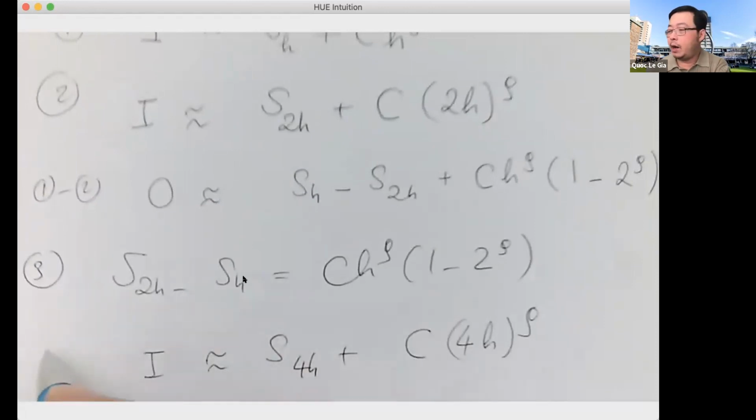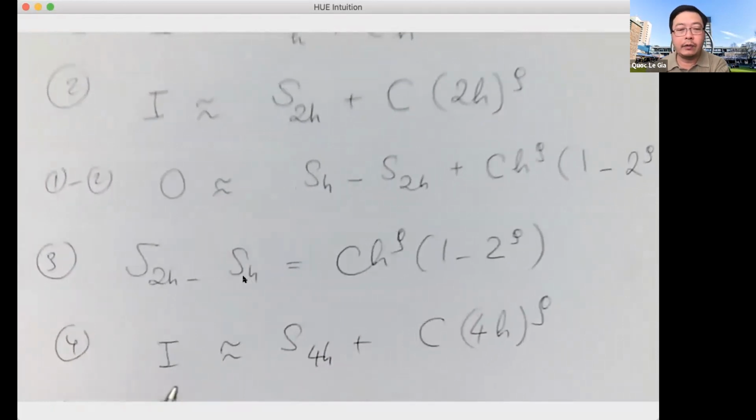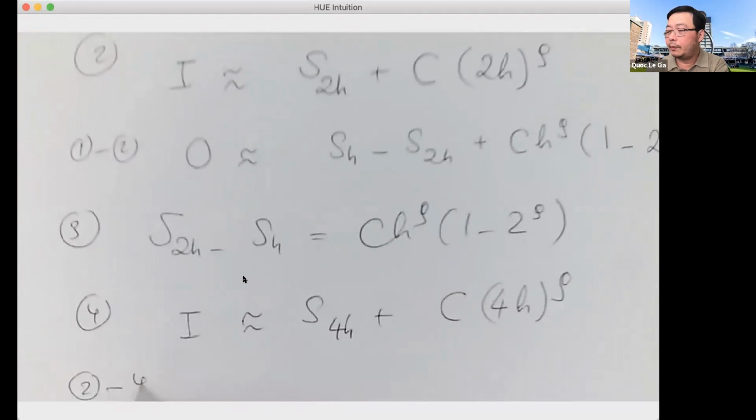This is my number 4. I take 2 minus 4, then I just have 0 on the left.